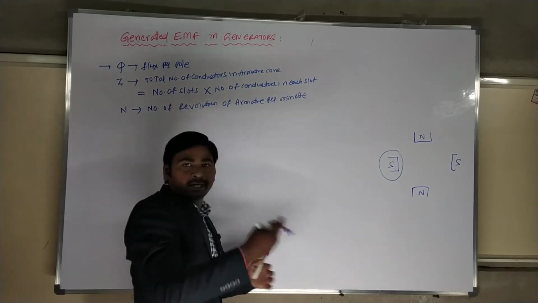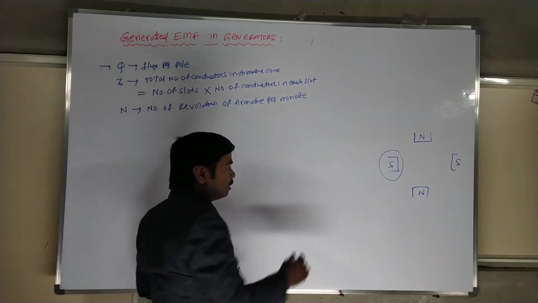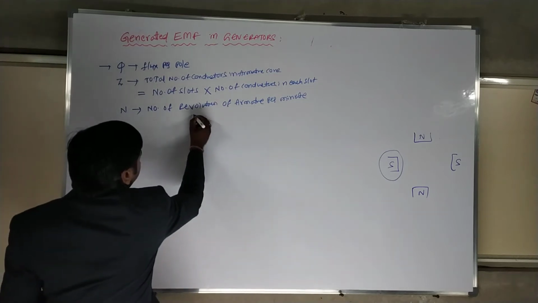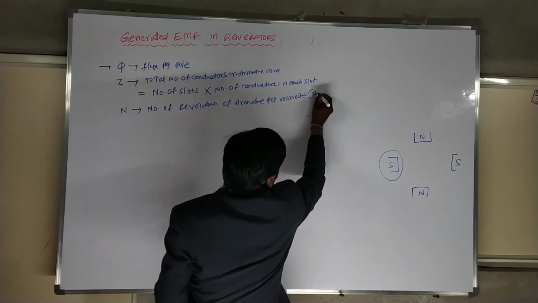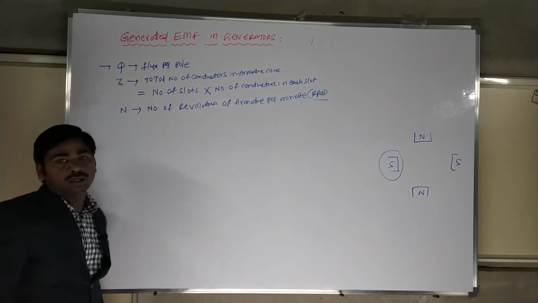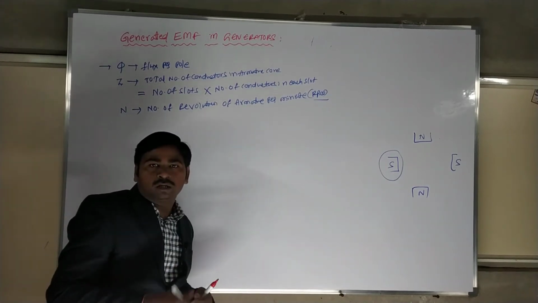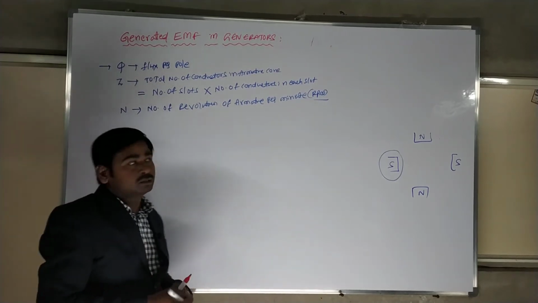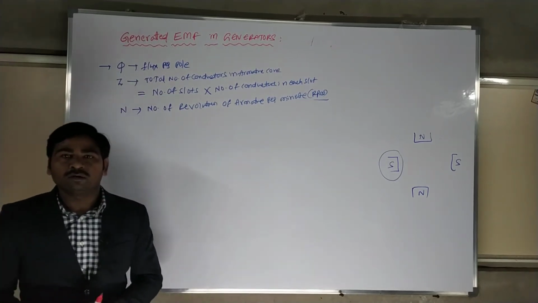That means the speed of the mechanical input you are providing: how fast you are rotating the armature core. That is N, in RPM, number of revolutions per minute. In 1 minute, how much speed are you running? 20 revolutions per minute, or 30, or 60? Options are yours. That is the number of revolutions per minute.